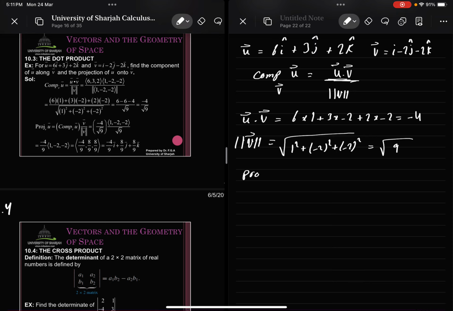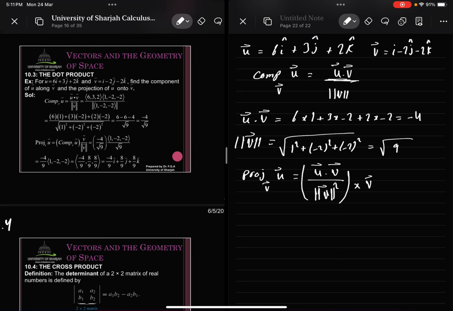After that, we find the projection of u along vector v, which is vector u dot vector v over the magnitude squared of v, times the vector v. Right? I think I am right. Let me check. Yeah. So same thing, but u dot v will be negative 4.